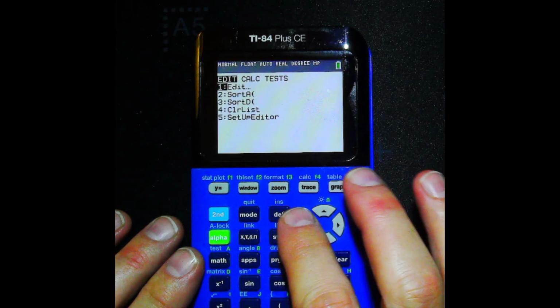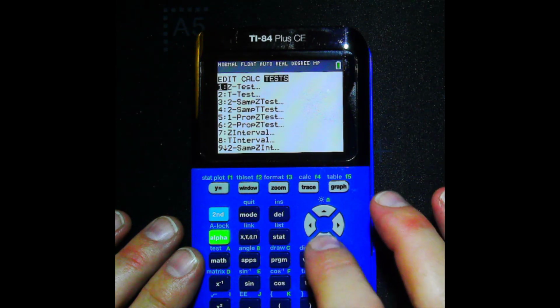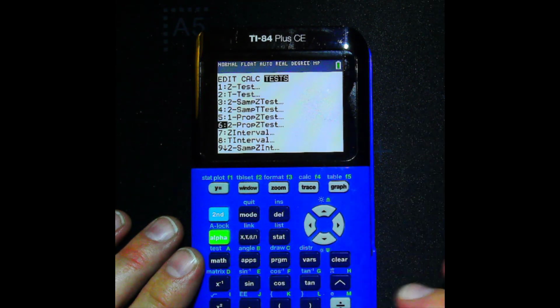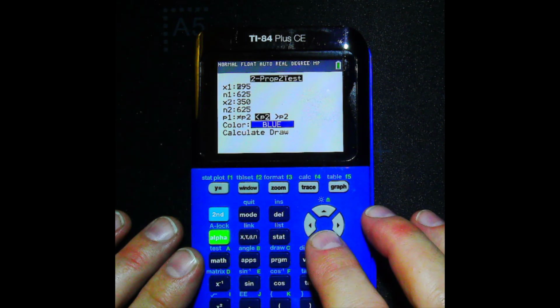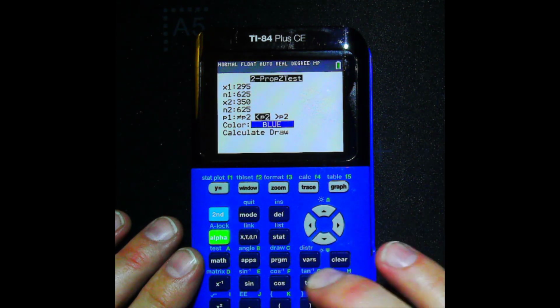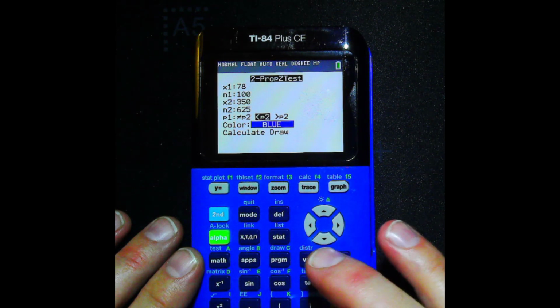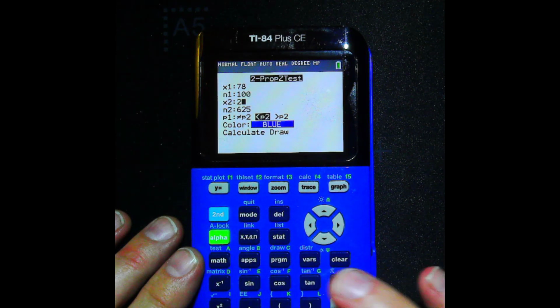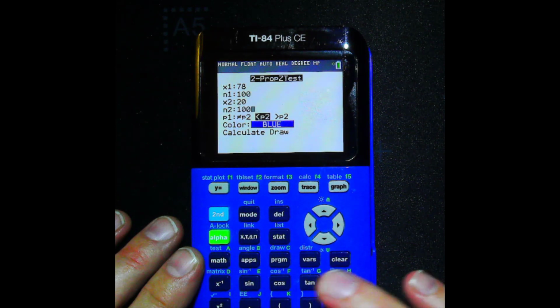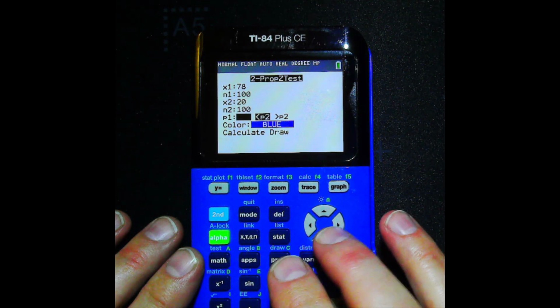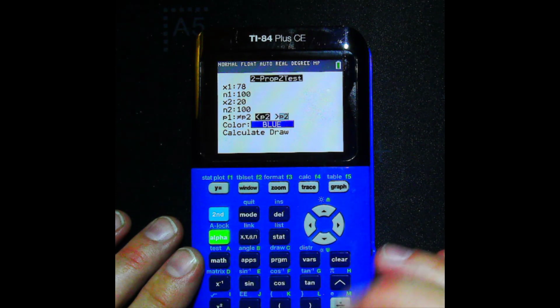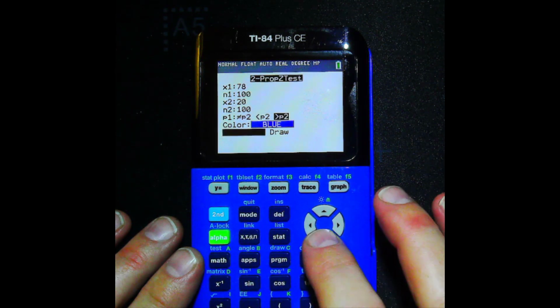We'll go to Stat, Tests, and then the two proportion z-test. In this case, x1 is 78, n1 is 100, x2 is 20, n2 is 100. And this time, we're testing to see if P1 is greater than P2.